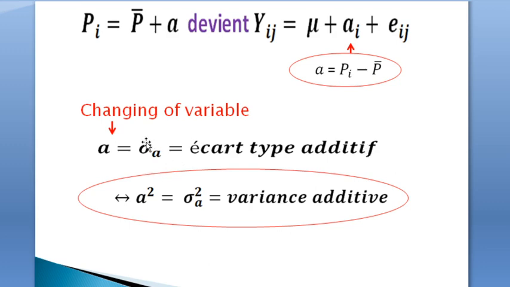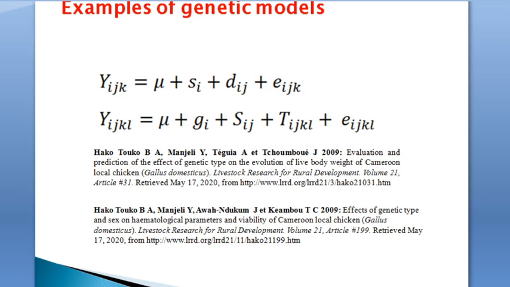Now, considering that this is a standard deviation, what is the square of the standard deviation? It is the variance. So to have the additive variance, we just square the standard deviation. Very simple, right?